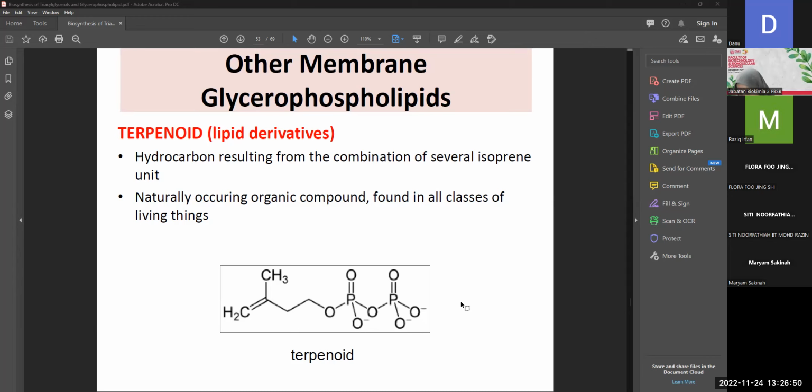We are going to meet isoprene again in the biosynthesis of cholesterol, where it is one of the intermediates. So terpenoid is another lipid derivative of membrane glycerophospholipid. It is a naturally occurring organic compound found in all classes of living things.